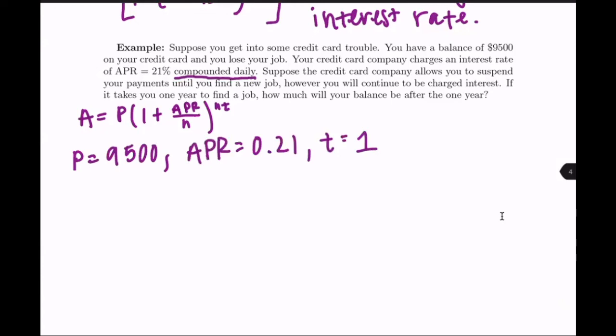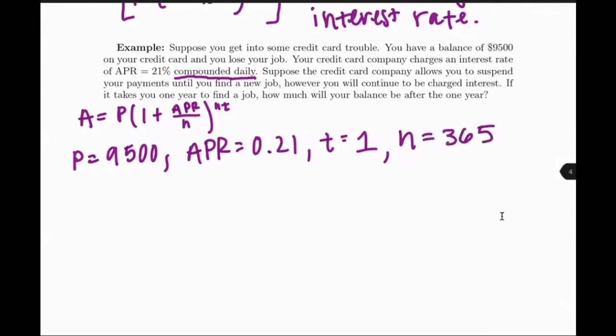So that means time is 1 year that you're not paying off this credit card and it's gaining interest. And then N is how many times we're compounding per year. So since we're compounding daily, the N is going to be 365 because there are 365 days in a year.